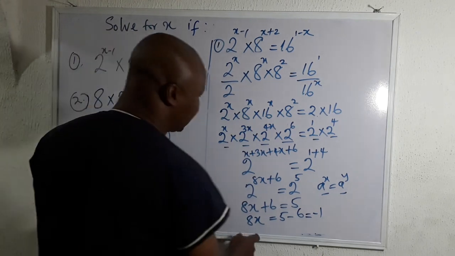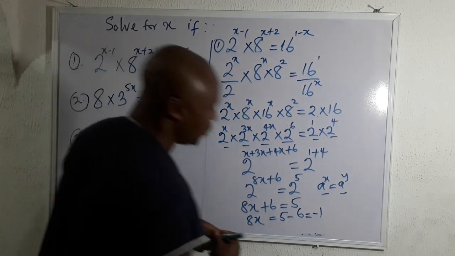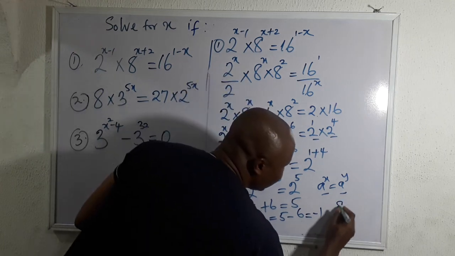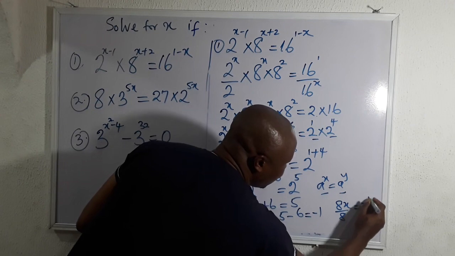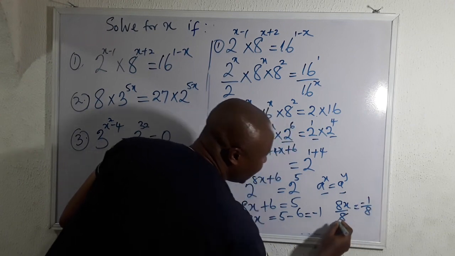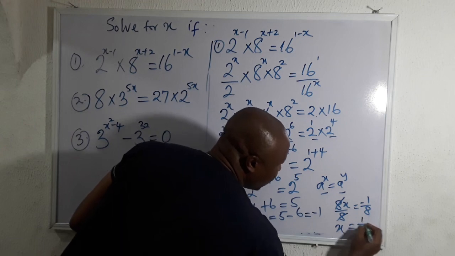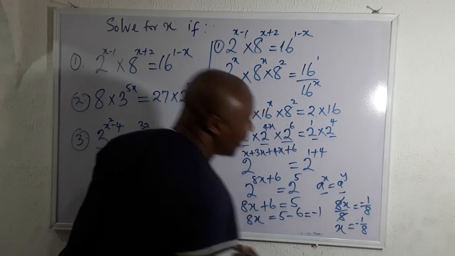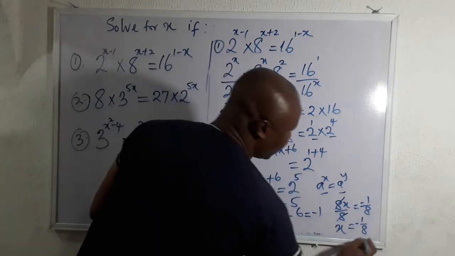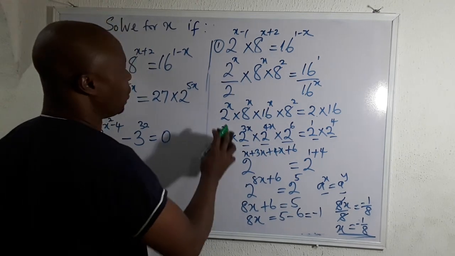So if we divide both sides by 8 to get the value of x, we now have 8x divided by 8 is equal to minus 1 divided by 8. 8 cancels 8, so we have that x is equal to minus 1 over 8. So that is pretty much the answer to question number 1.